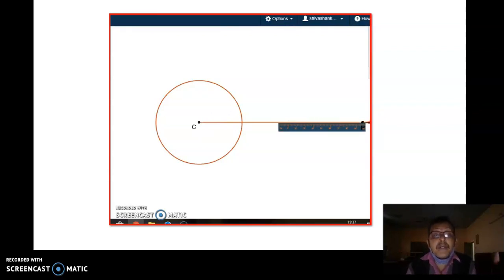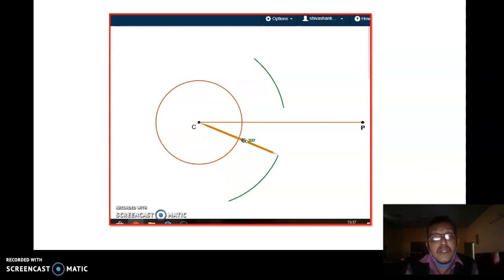Now draw the perpendicular bisector to the CP. To draw the perpendicular bisector, take a compass and take more than half of the radius, and draw arcs below and above the straight line CP. Similarly, cut those arcs from P with the same radius.